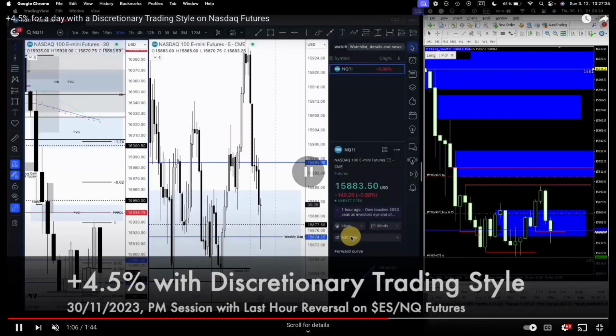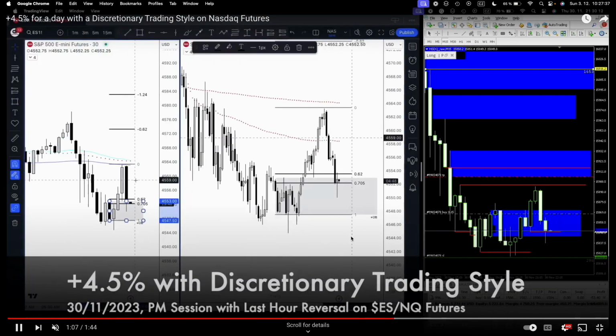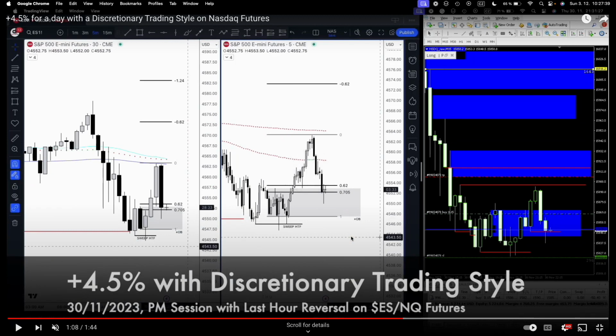So at this time, I just changed to the S&P 500 mini futures. I wanted to double check what is going on with its similar pair across the indices. And for me, there's a much better structure. Because look at this.